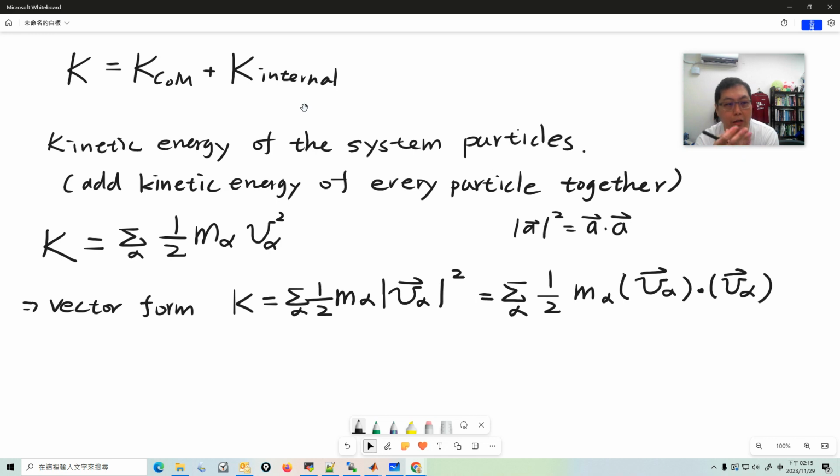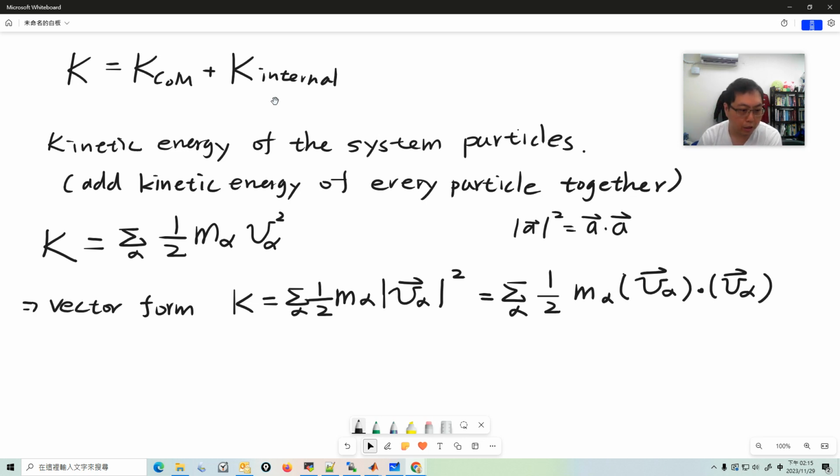So the observer sees different velocities from the laboratory frame. When you're sitting on the center of mass, the velocity of each particle becomes the relative velocity with respect to the center of mass.